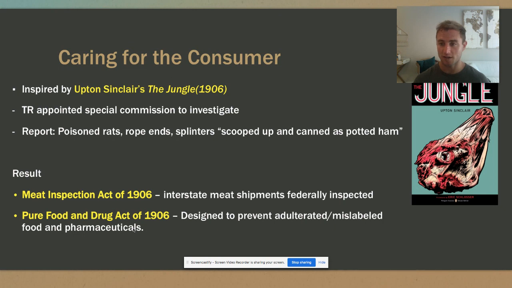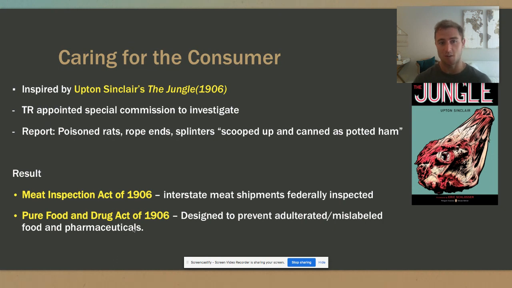But ironically, as he said, he missed the nation's heart and hit its stomach because of the passages on the meat on the ground and poisoned rats, rope ends, scooped up and canned as potted ham. And when this stuff was read, it hit the nation in the stomach. And it is going to cause an uproar for investigations on the nation's meat.